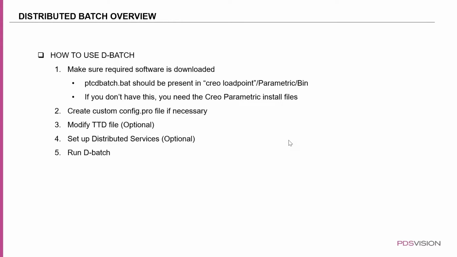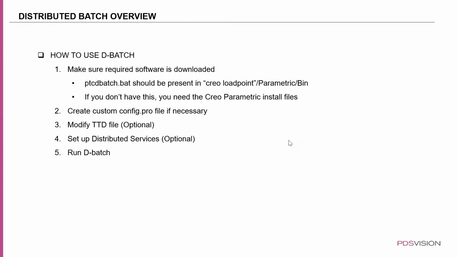And the second question: I was under the impression that this was used globally to run a batch file to update Creo releases across the company, but I think this is even more interesting. Just to speak to that, there is a way to do that as well. It's a topic of a different webinar. I'm not sure if we've done one on that, but if we haven't, we probably should.